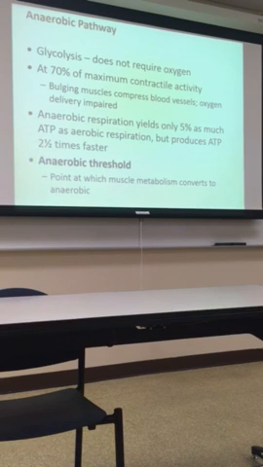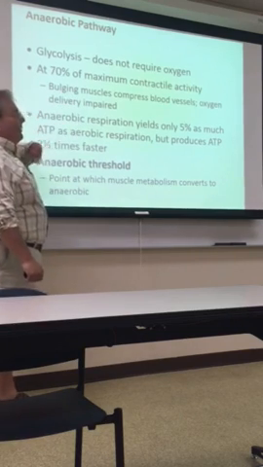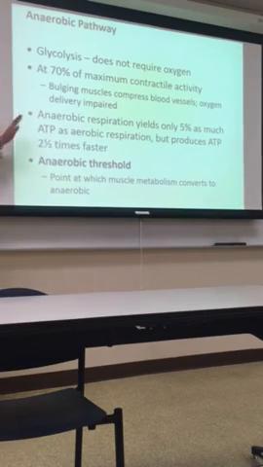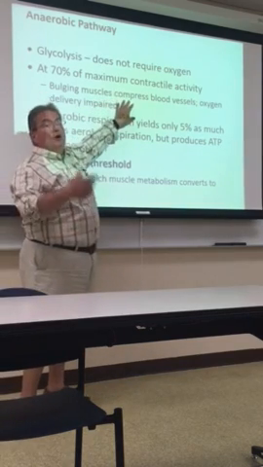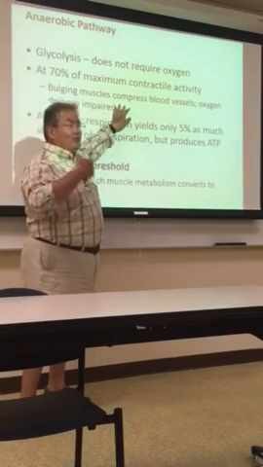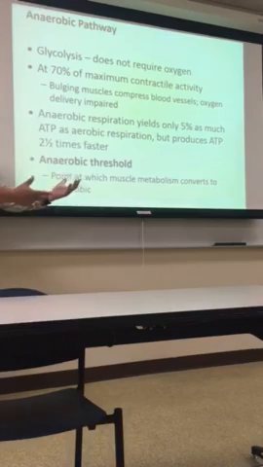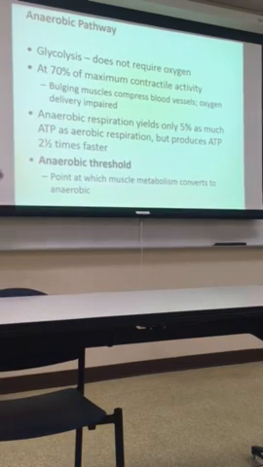I'm not sure that I buy into that, but it's in the book, so there you go. Bulging muscles compress blood vessels, and oxygen delivery is therefore impaired. I would say myself, okay, fine, but don't forget the muscle's using a ton of oxygen and trying to keep up with the demand. And so it's using it faster than you can get it, okay?